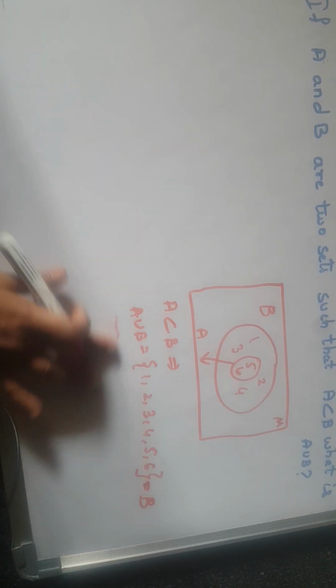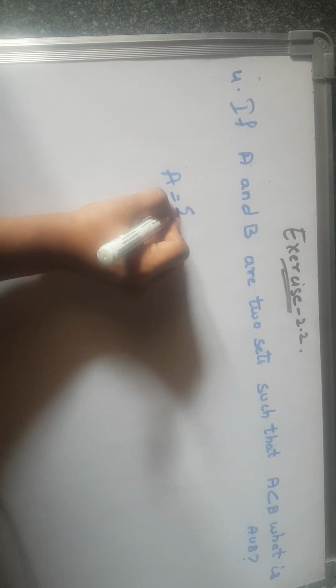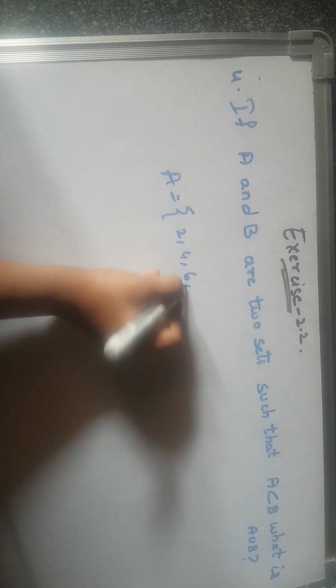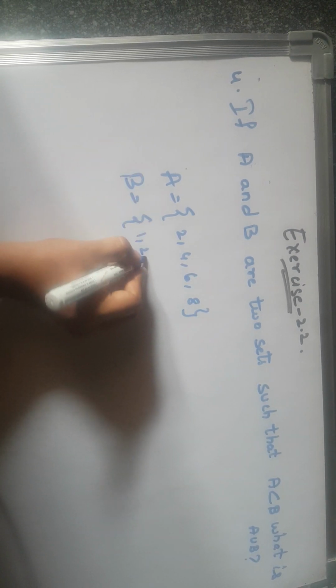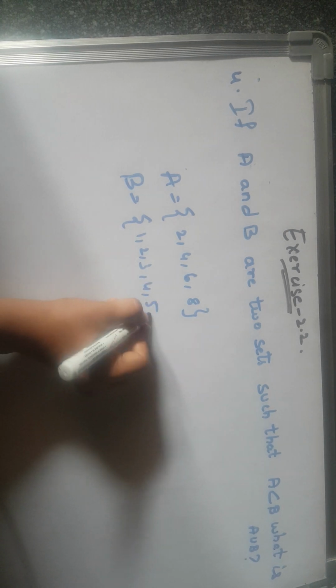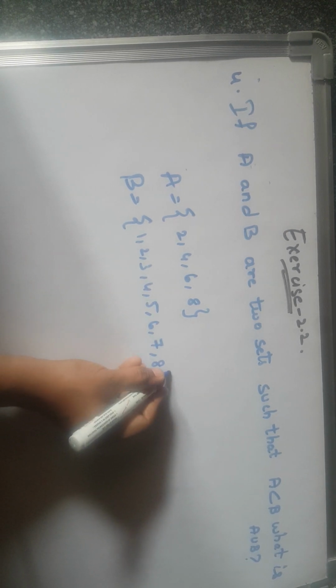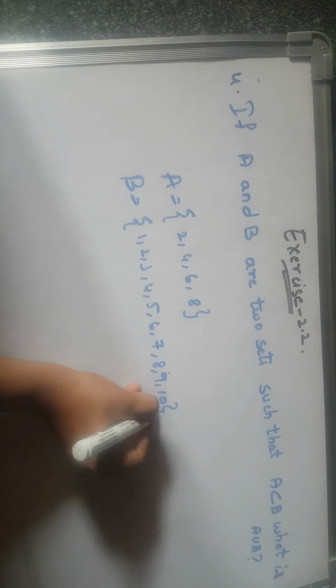I'll give you another example. Take the elements of A as 2, 4, 6, 8. Take the elements of B as 1, 2, 3, 4, 5, 6, 7, 8, 9, 10.